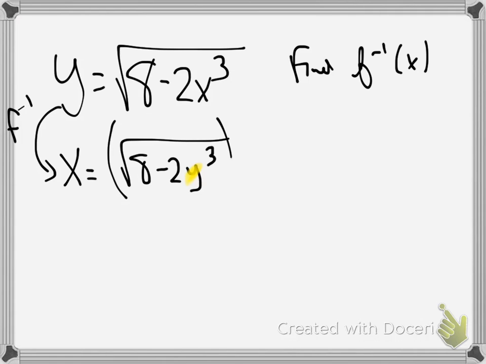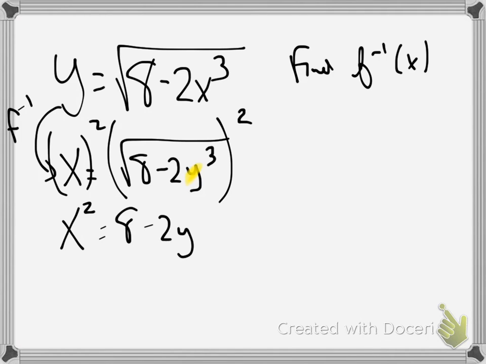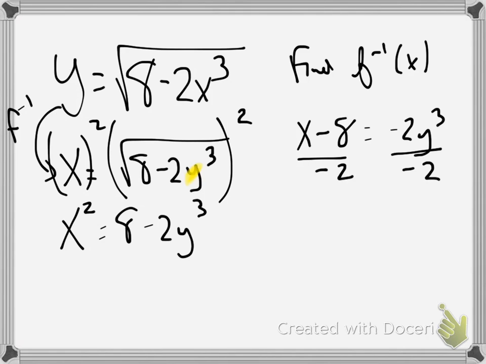So first thing we do is we undo the square root by squaring both sides. X squared is going to equal 8 minus 2y cubed without the radical. We'll bring the 8 over, so we'll subtract. Then we'll divide through by negative 2.